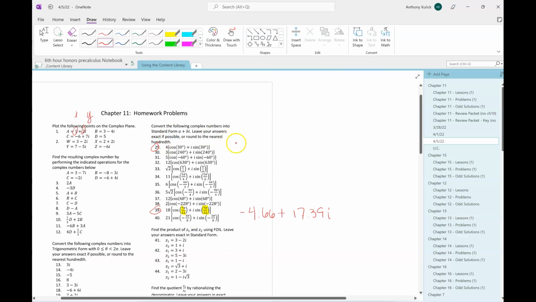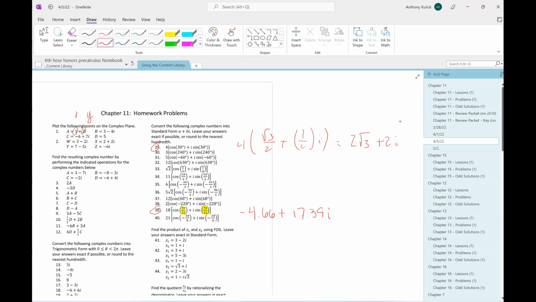So going to the unit circle, cosine of 30 degrees is square root 3 over 2. Sine of 30 degrees is a half. And when I distribute things through, I get 2 root 3 plus 2i. Is that okay?